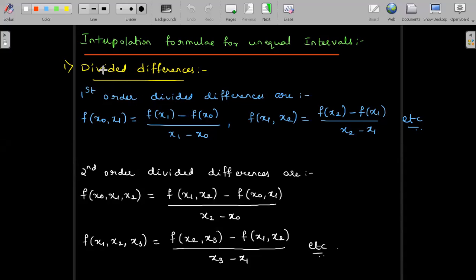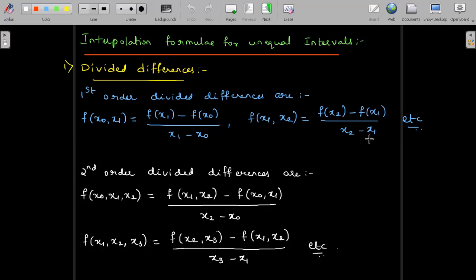Before that, what are divided differences? The first order divided differences are given by f of x0, x1 is equal to f of x1 minus f of x0 divided by x1 minus x0. Similarly, f of x1, x2 is given by f of x2 minus f of x1 divided by x2 minus x1.